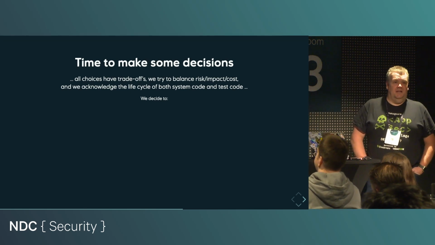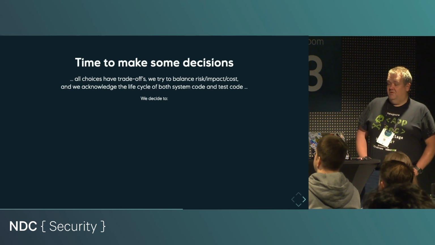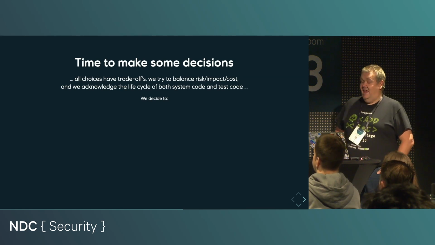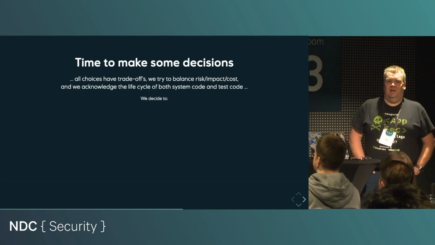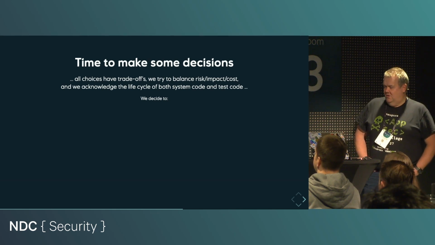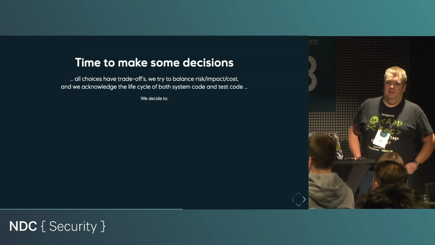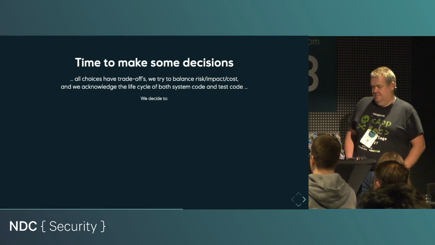And we acknowledge that there's a life cycle in question, both for the code I create for my system and my test code, and also for test supporting code. I can't forget about that one. All code that I create needs regular TLC, tender loving care, not to become my worst enemy. That's my take on these things.